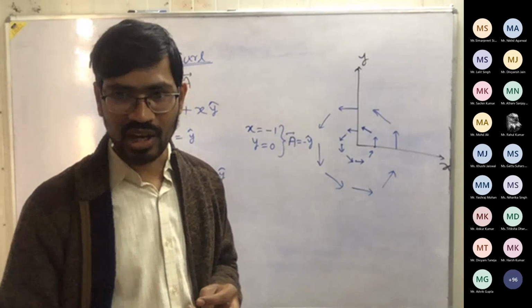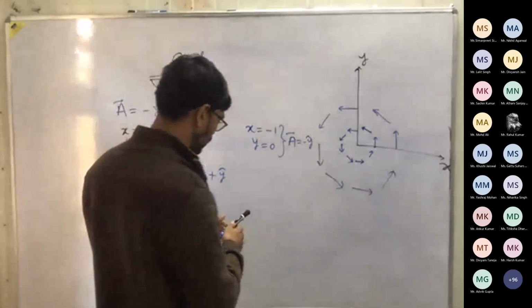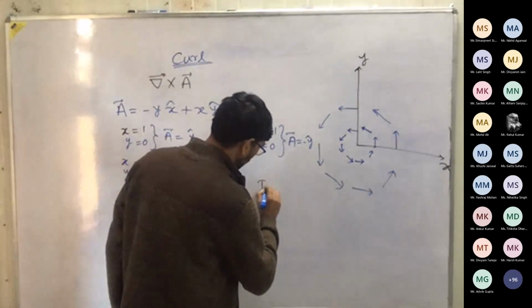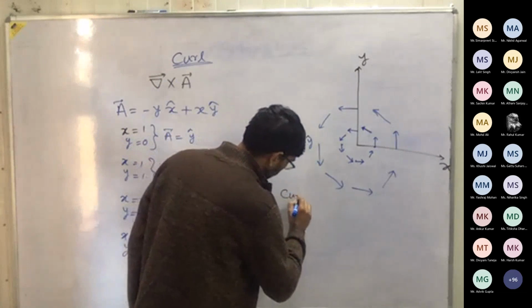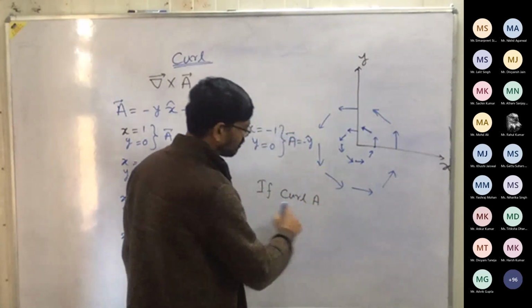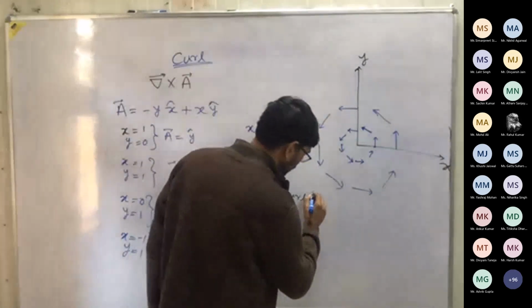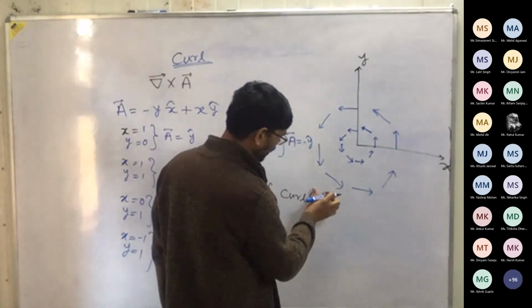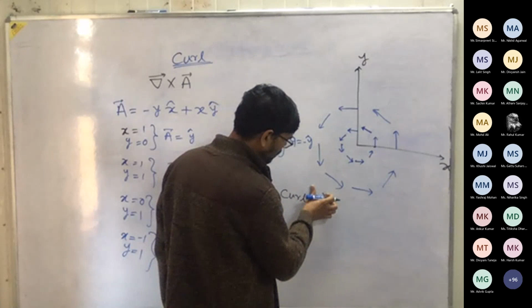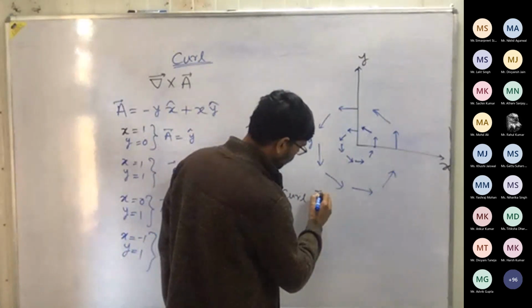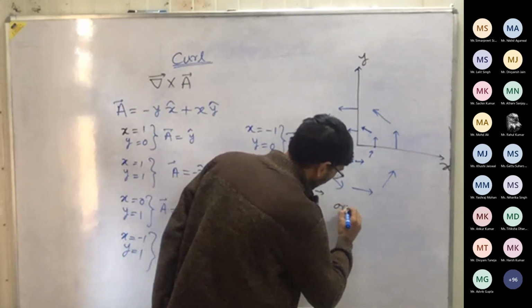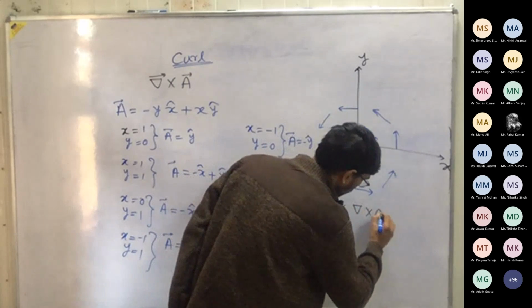Okay. If the curl A is 0, by the way, sometimes we write curl A like this, or some people just write it like this, or you can simply write it like this. Okay.